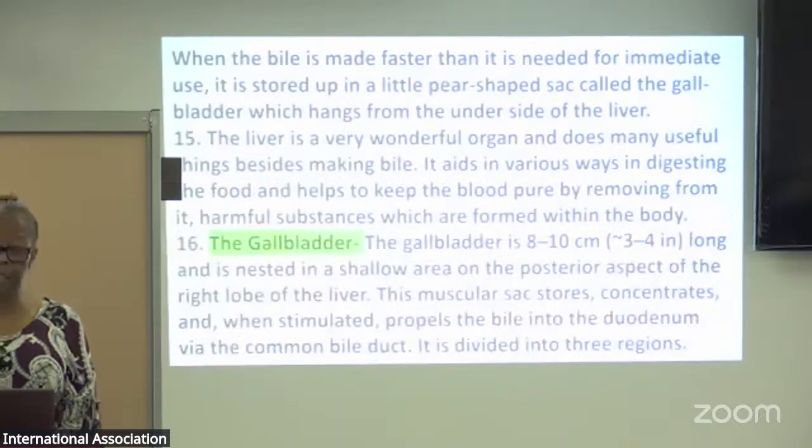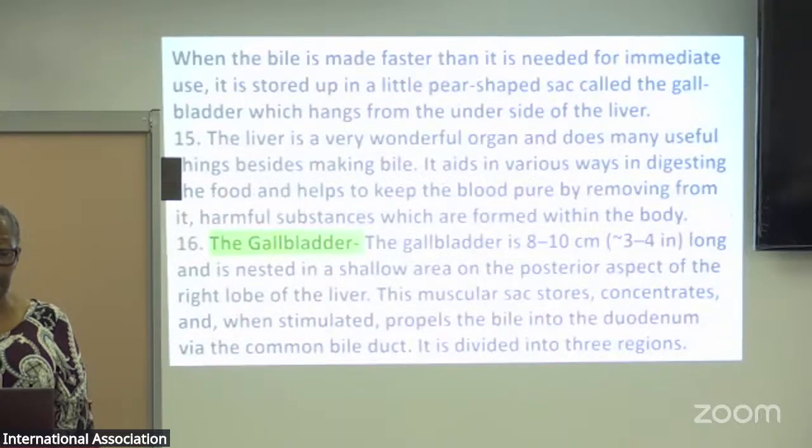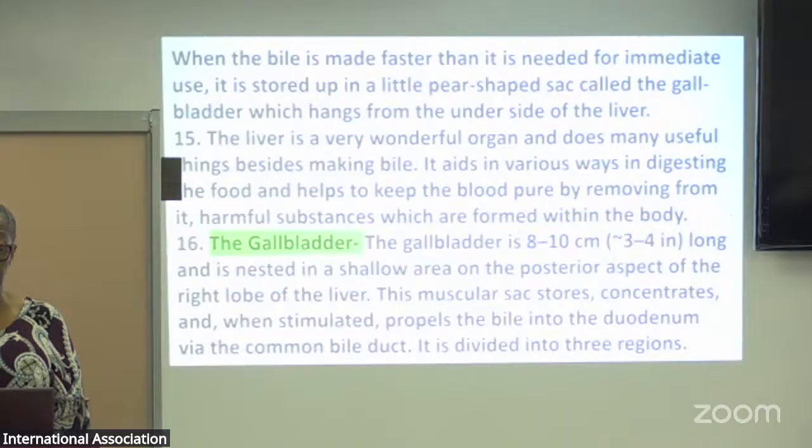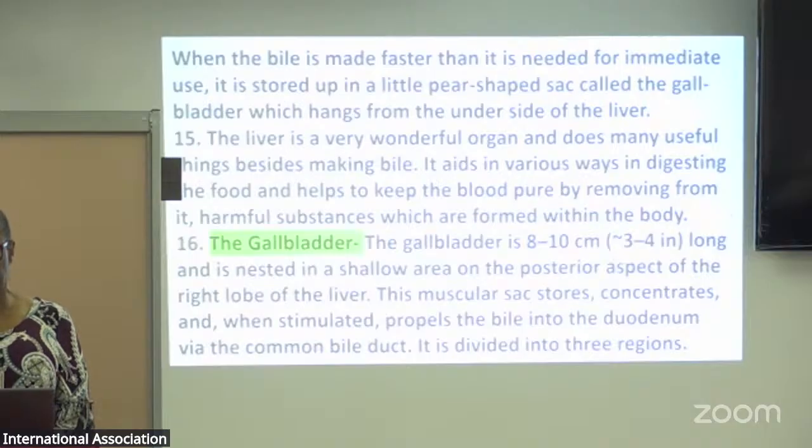When the bile is made faster than it's needed for immediate use, it is stored up in a little pear-shaped sac called the gallbladder, which hangs from the under side of the liver.